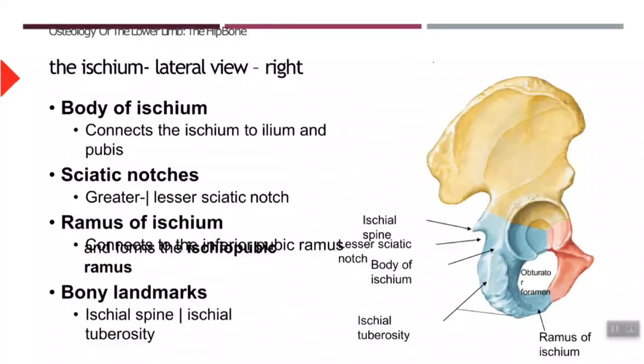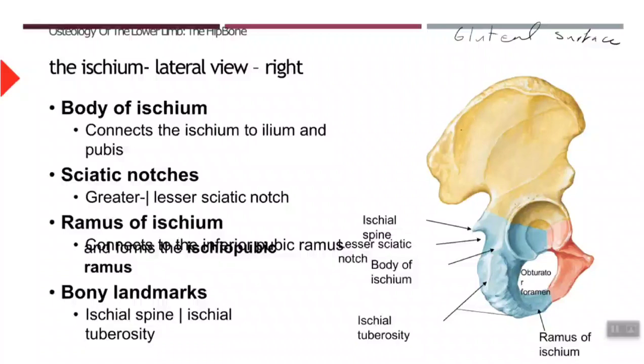Okay, the lateral surface of the ileum you can find here. Another name for the lateral surface, as you know, is the gluteal surface, because some gluteal muscles attach to this surface.